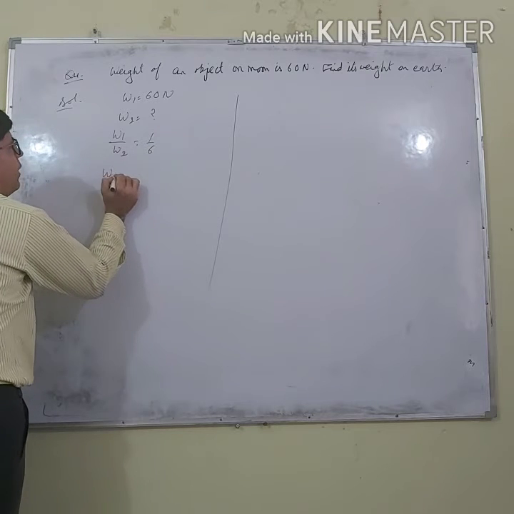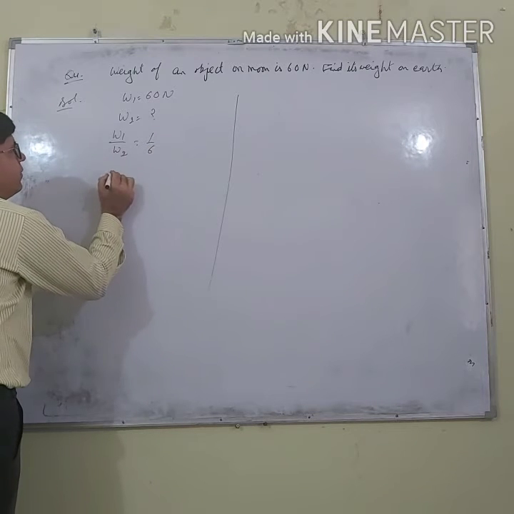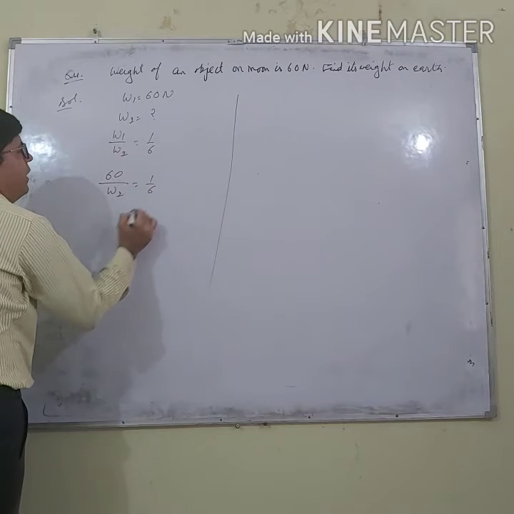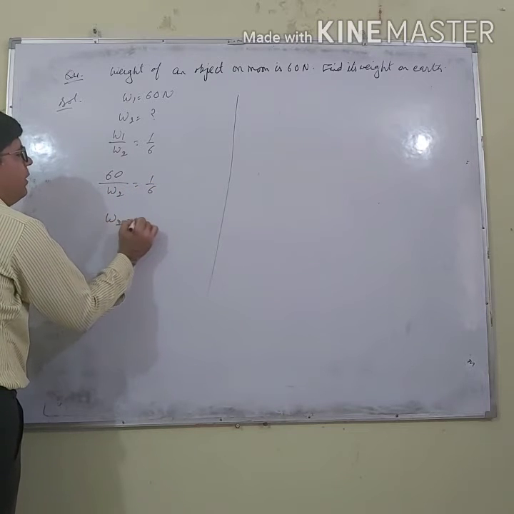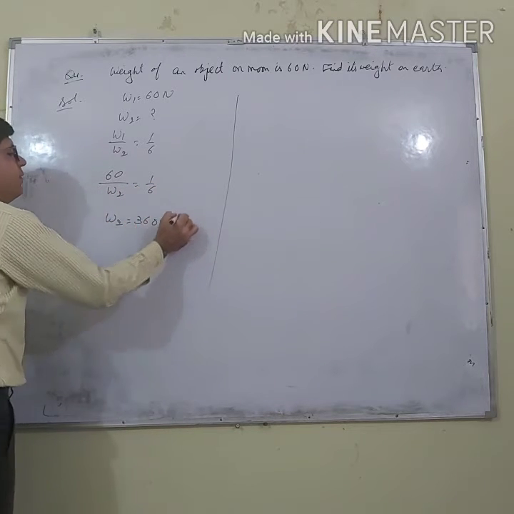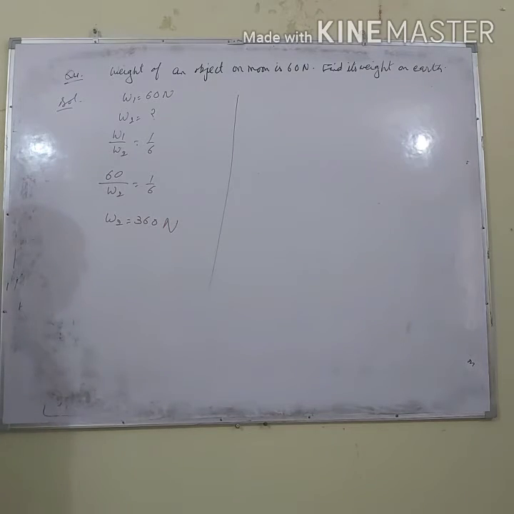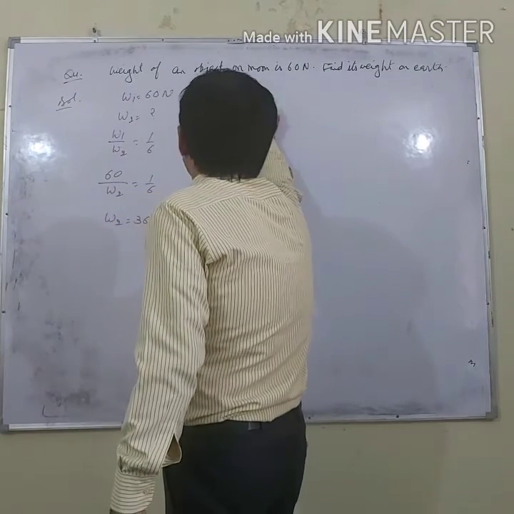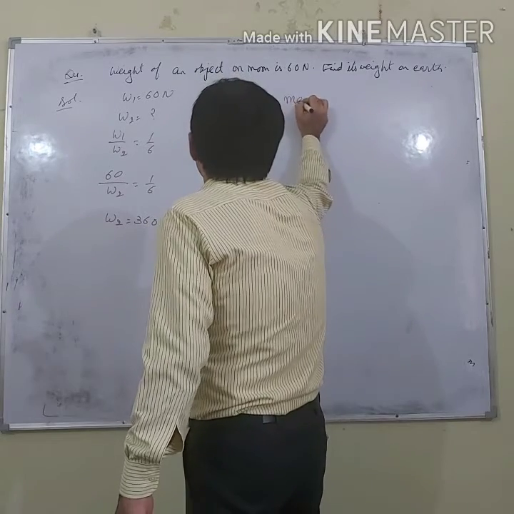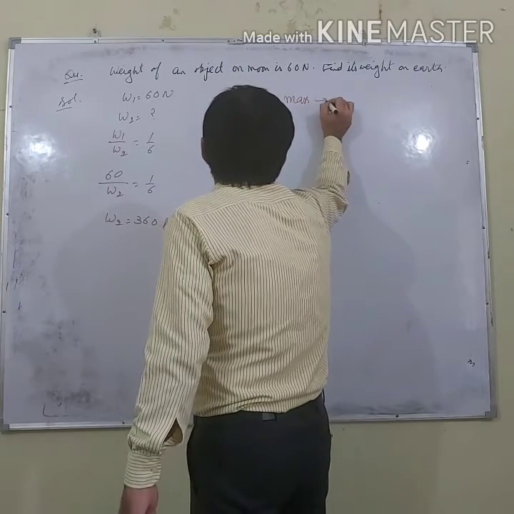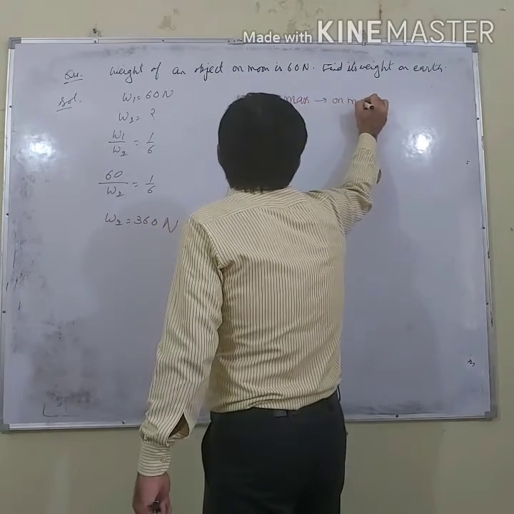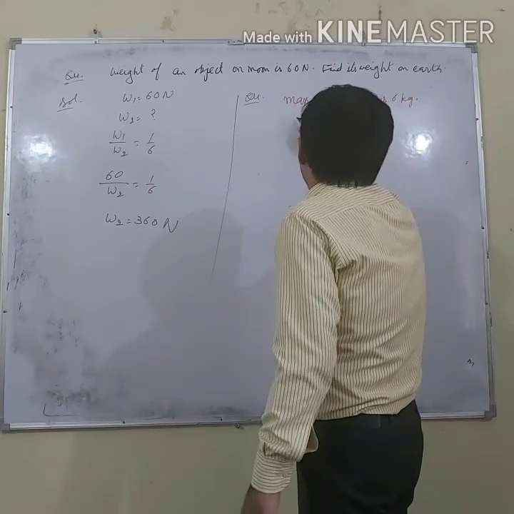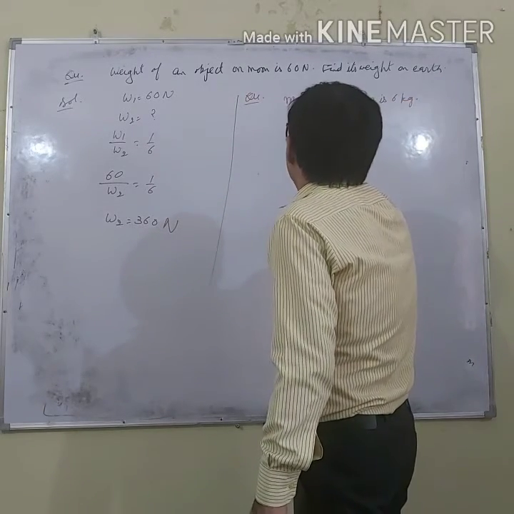So here W1 is 60, W2 I have to calculate, so I can say W2 will be 360 Newton. Right?